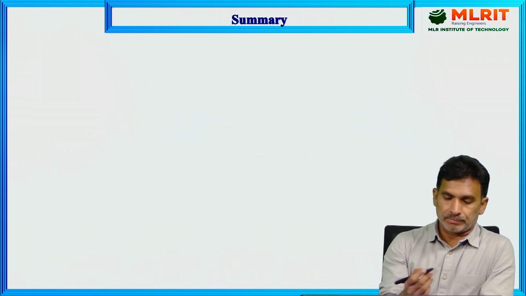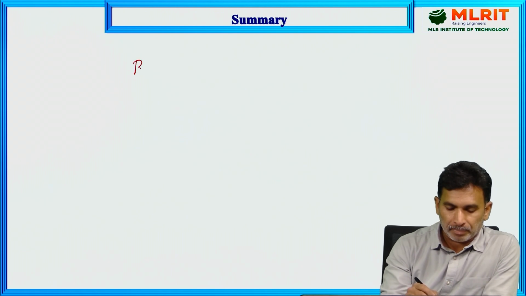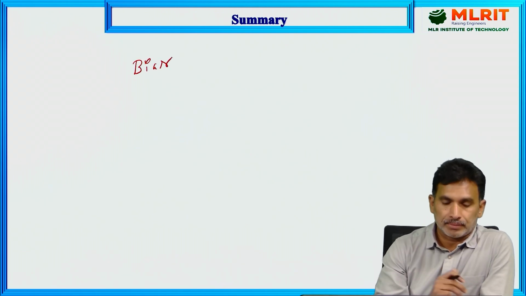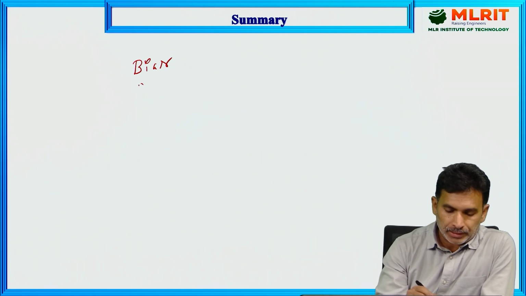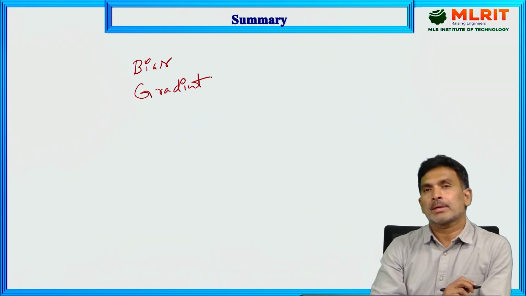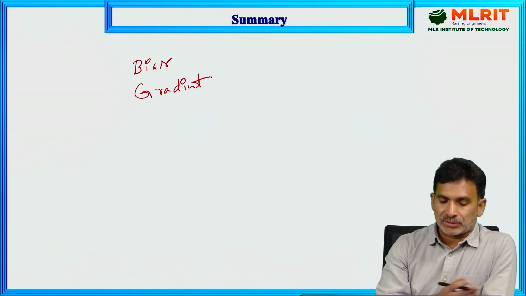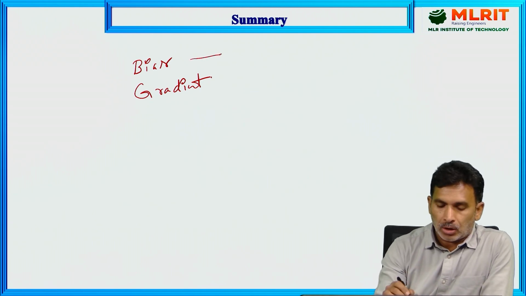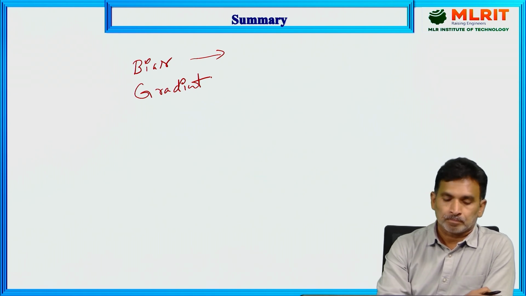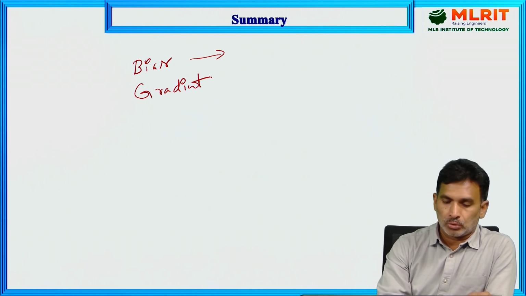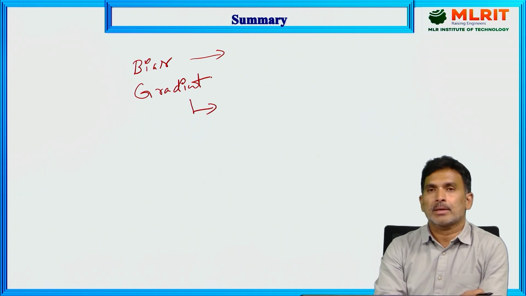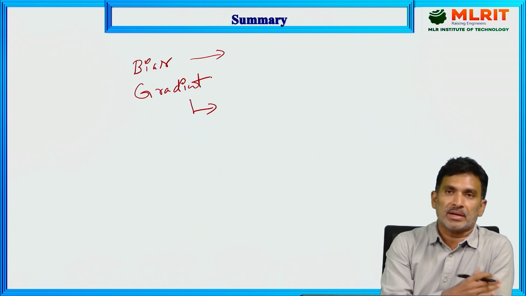So in this lecture we discussed mainly the term bias, the importance of bias, and then the gradient. I have explained how weight and bias are going to play an important role in neural networks. The gradient is another important thing, because we discussed in the previous lecture the vanishing gradient.